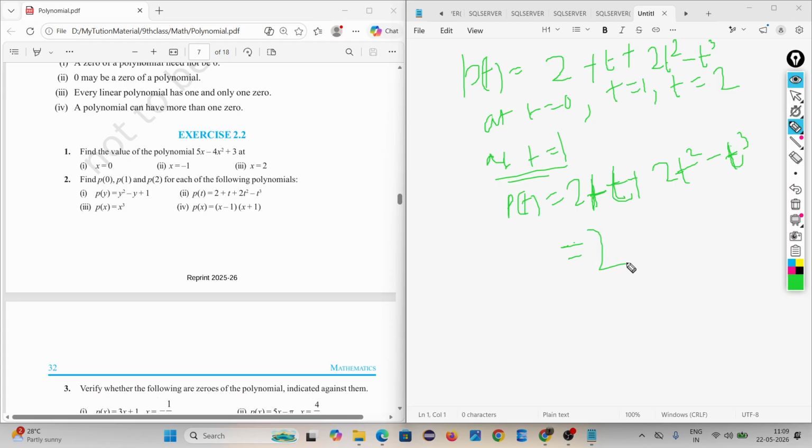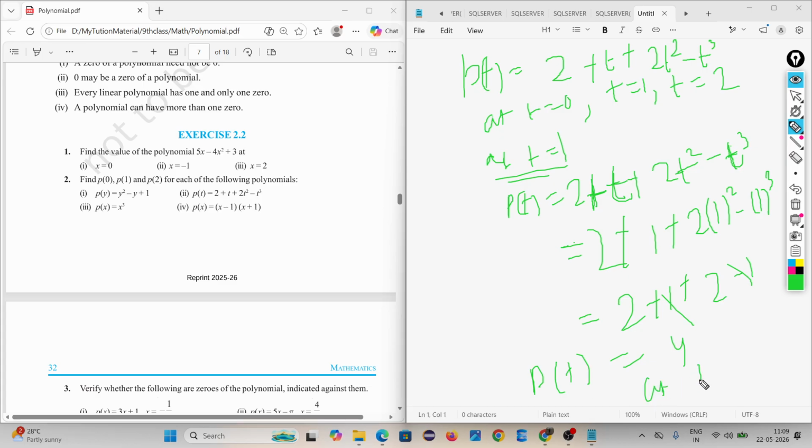Look, 2 plus 1 plus 2 into 1 square minus 1 cube. 2 plus 1 plus 2 minus 1. Minus 1 plus 1 cancel, 4. So P of t equal to 4 at t equal to 1. Now find for t equal to 2.